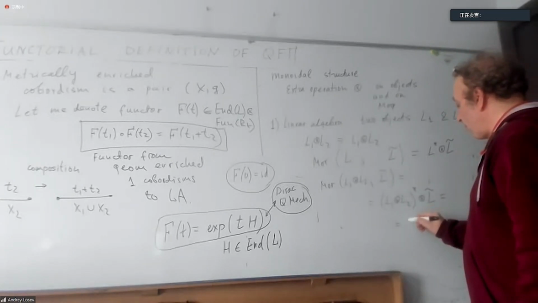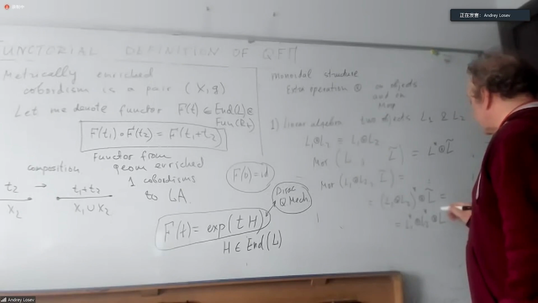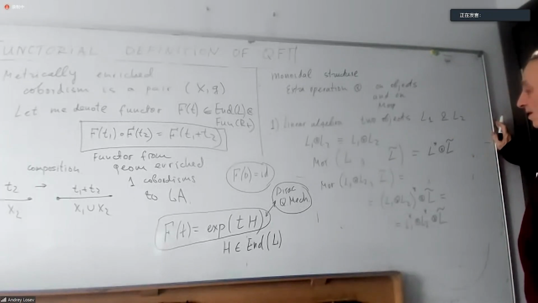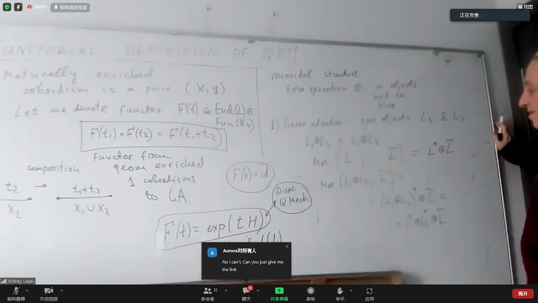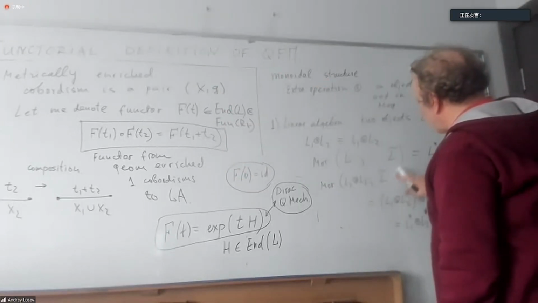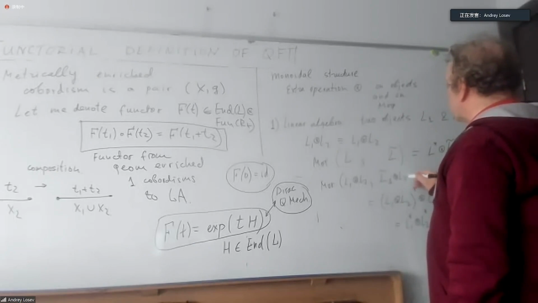So here we have just L1 star tensor L2 star tensor L tilde. So what kind of axiom may I use here? Okay, let me put here L1 tilde tensor L2 tilde.